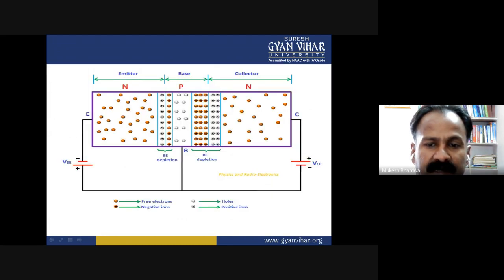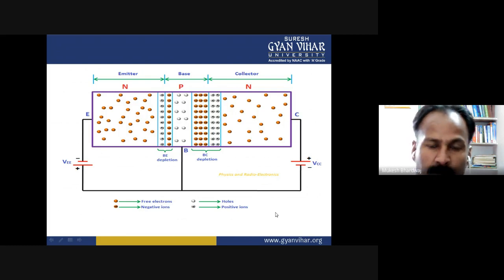So this is the diagrammatic representation of NPN transistor in active mode. Emitter base junction is forward bias and the collector base junction is the reverse bias. So due to reverse biasing, we had already seen in the case of diodes, the depletion width gets wider. And in the case of forward bias, the depletion width gets a little bit smaller.